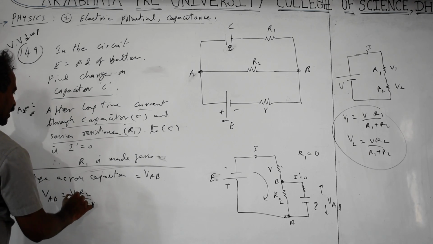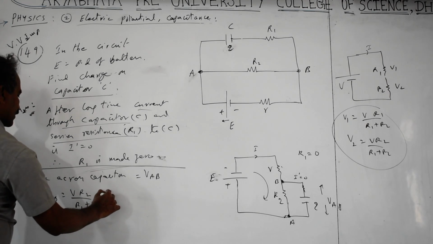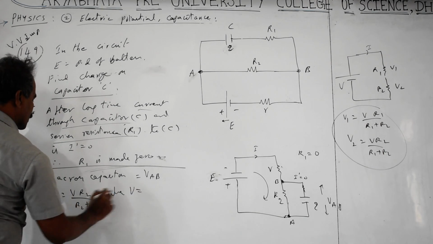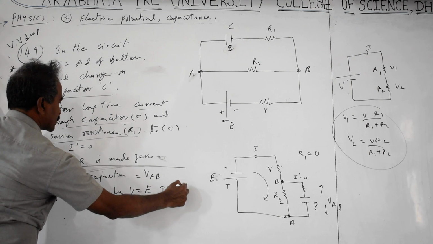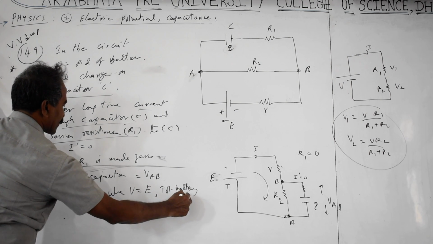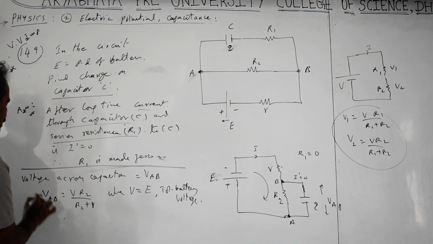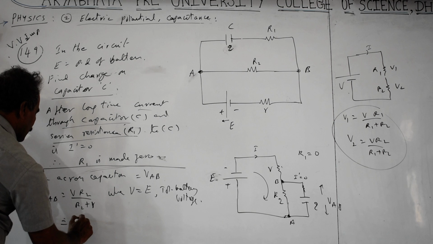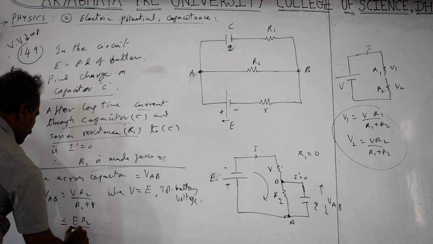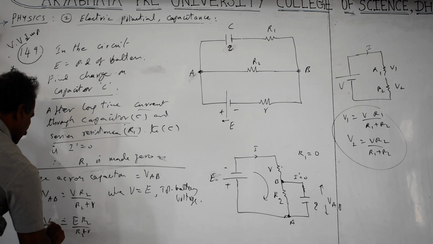This V is the total battery voltage, which we take as E. So VAB is E into R2 by R2 plus r.